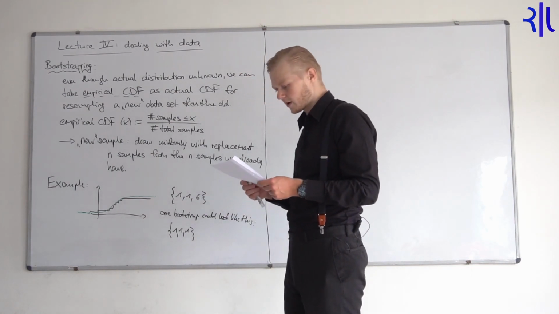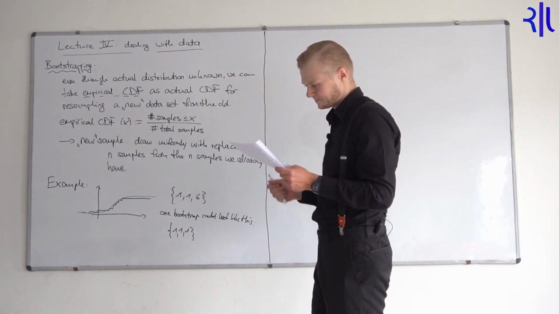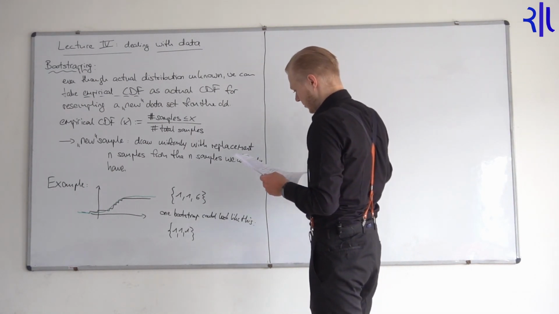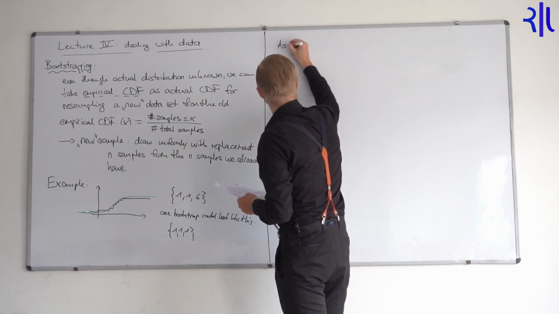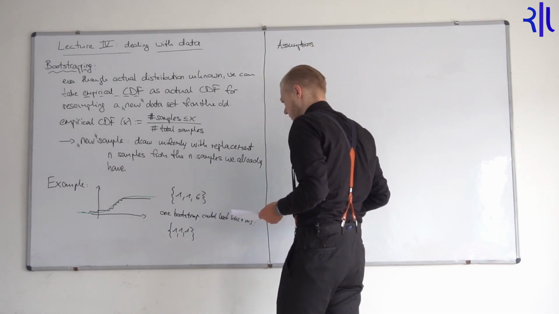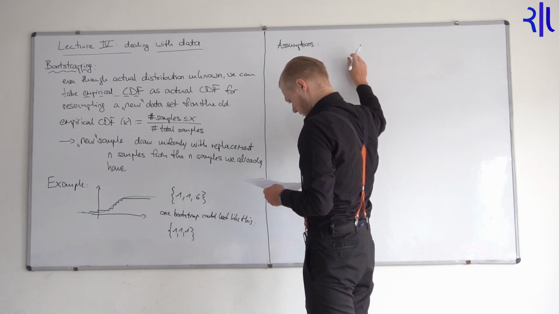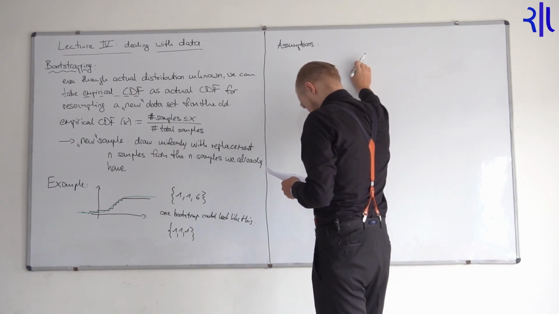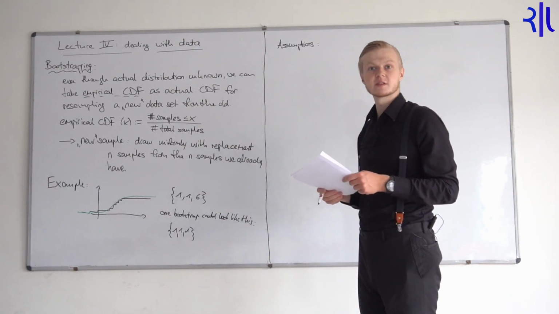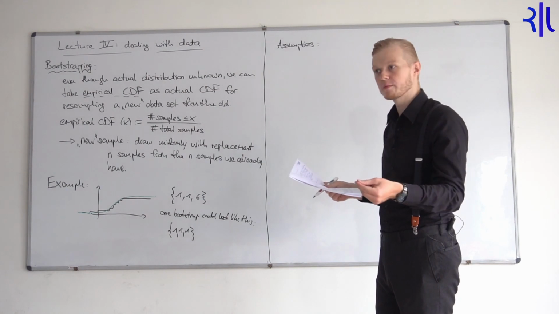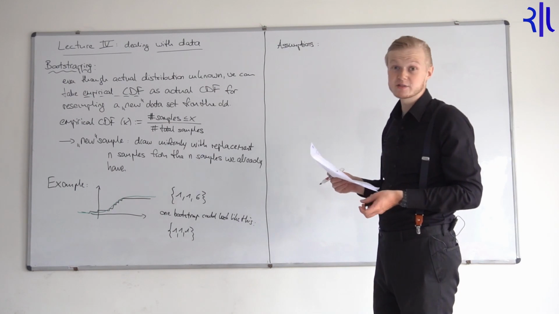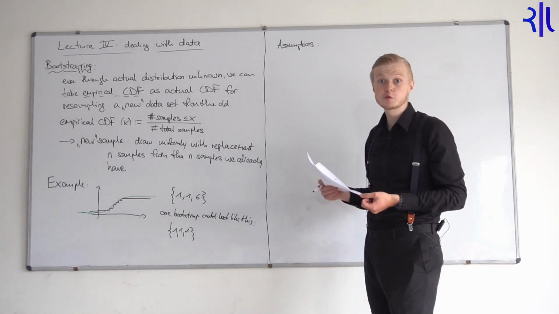So, of course, there are some assumptions here as well. For example, one assumption is that this statistic, that means, for example, the mean or the model or the thing that we want to estimate, might not actually exist for the true distribution.